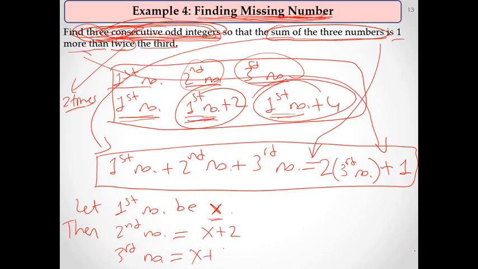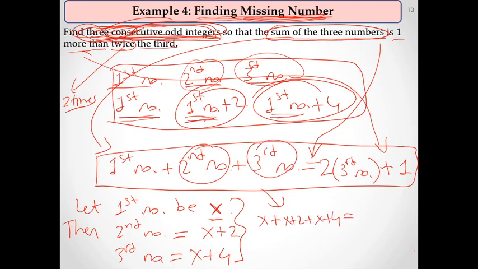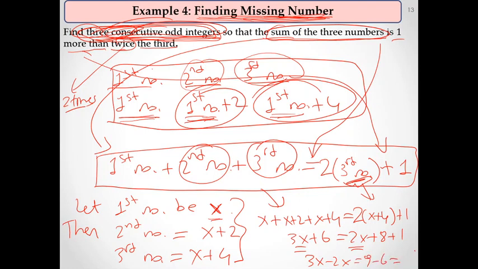Now we put them in the equation: x plus x plus 2 plus x plus 4 equals 2 times x plus 4, plus 1. Then 3x plus 6 equals 2x plus 8 plus 1. This turns out to be x minus 2x... x equals 9 minus 6, which is 3. So x is equal to 3.